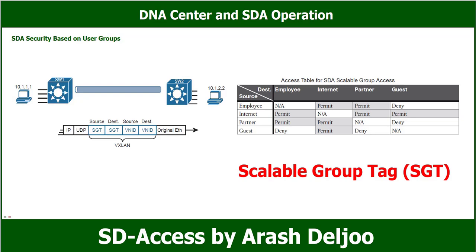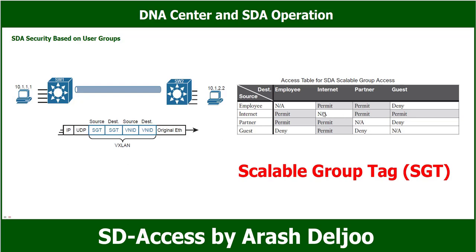You know that when we receive a packet in one fabric edge node, we should ask the control plane for the destination locator. Also, you know that we should receive some other information for VXLAN from the DNA Center. In DNA Center we have this table.